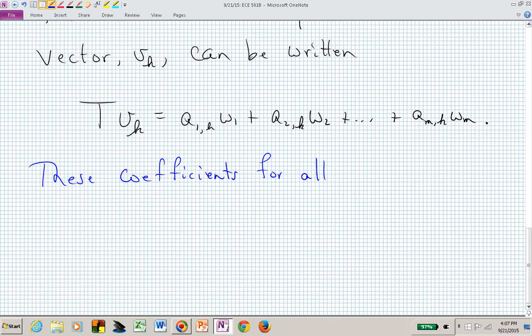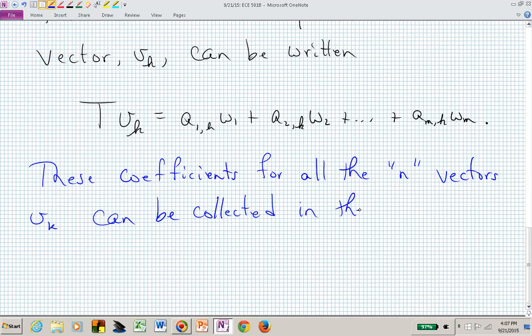We can do that for all n of those v vectors. These coefficients for all the n vectors v sub k can be collected in the m by n matrix that I'm going to write now.